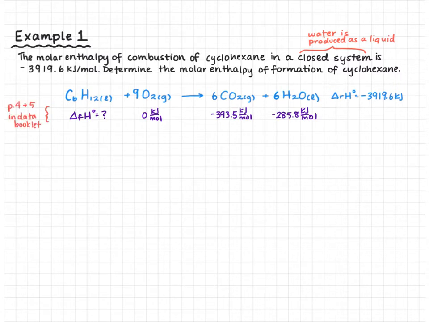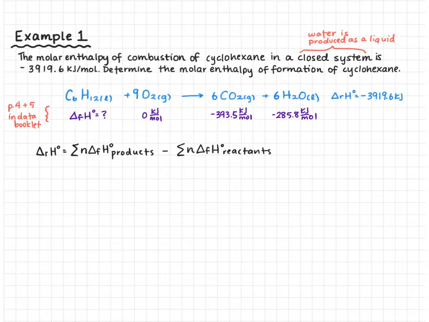So we're now going to write down our equation. Our reaction enthalpy is equal to the sum of the coefficients multiplied by the formation enthalpy of our products, minus the sum of the coefficients multiplied by the formation enthalpy of our reactants.